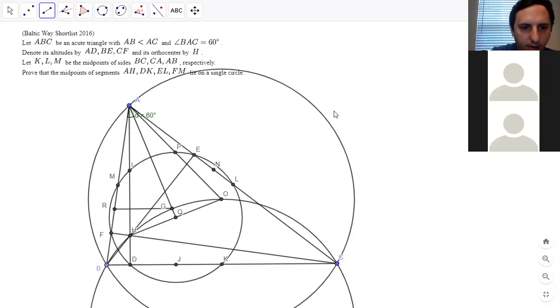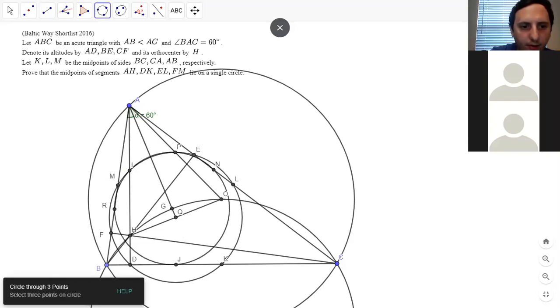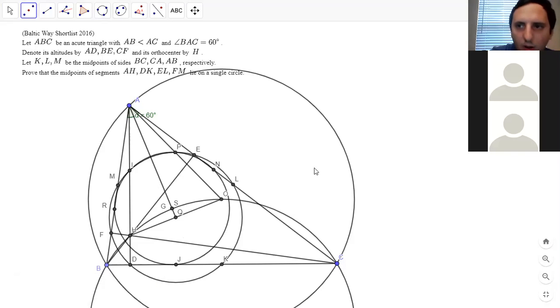Yeah, because that's not a 90-degree angle. Well, wait, hold on a sec. Is G, well, I just want to see what the center of that circle is before I erase it. It's G, I think. Oh yeah, it's G. We're trying to prove that G is the center.